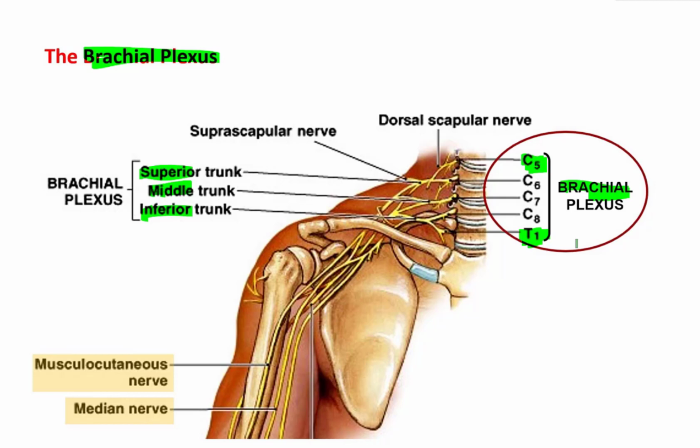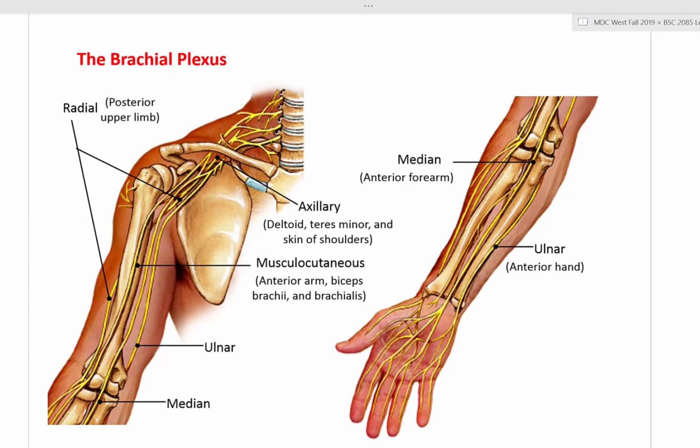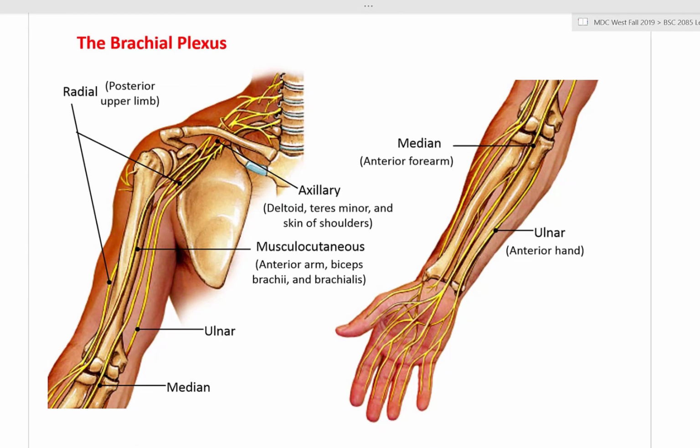Well, of those, you're going to have a musculocutaneous nerve. If you think about it, where is the musculocutaneous nerve going to get information from? Your muscles and your skin, right? Muscle, cutaneous, skin. Median nerve. What is your median nerve? And let's talk about those in a little more detail. So out of the brachial plexus, you have your median, radial, ulnar nerve, okay, and your musculocutaneous nerve, and your axillary nerve.